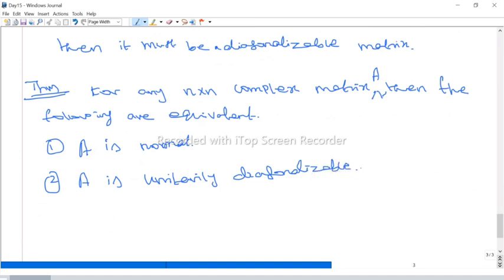Therefore, every normal matrix is unitarily diagonalizable. And the third one is A has a full set of orthonormal eigenvectors. That is, for an n by n matrix, there are n eigenvectors that are orthonormal vectors.